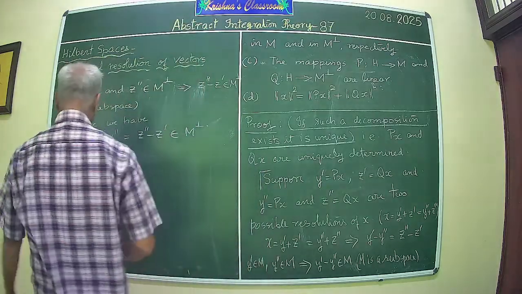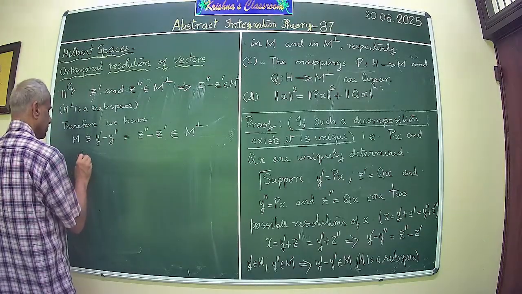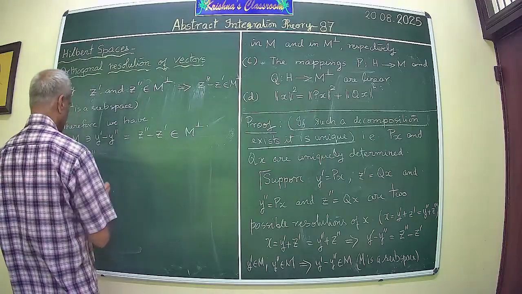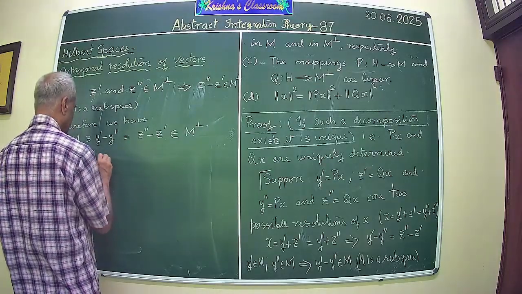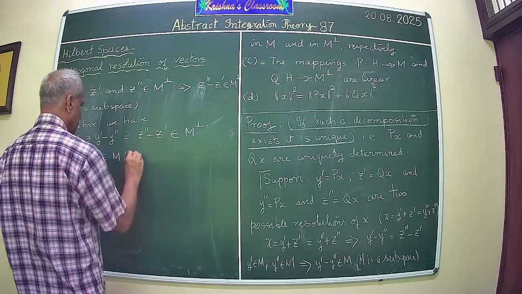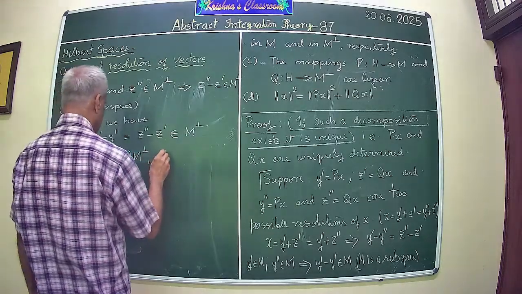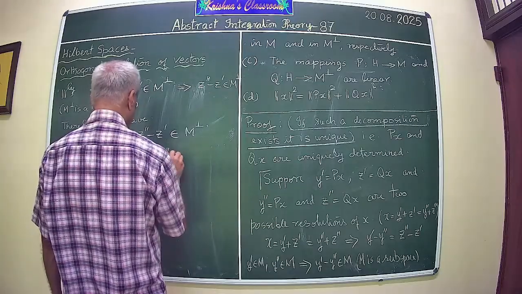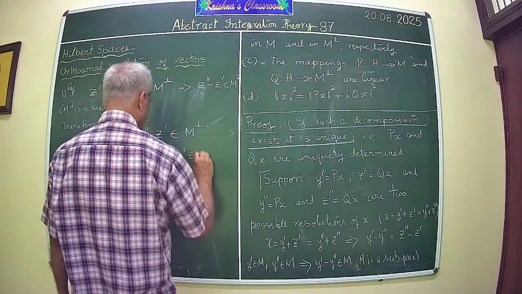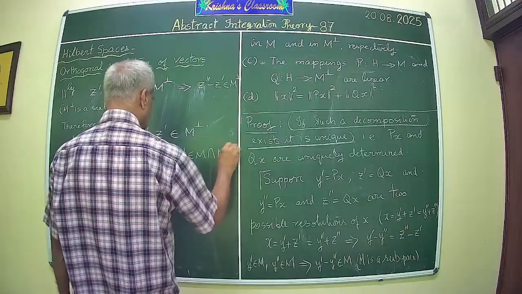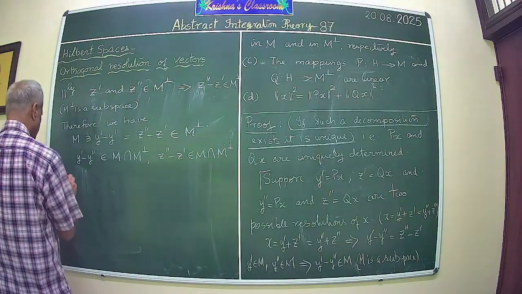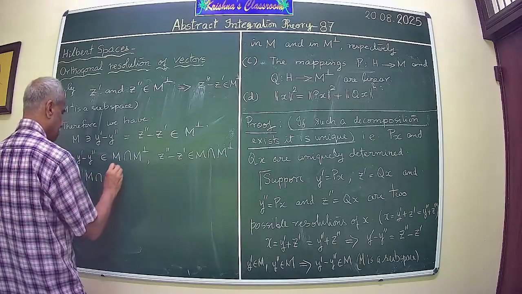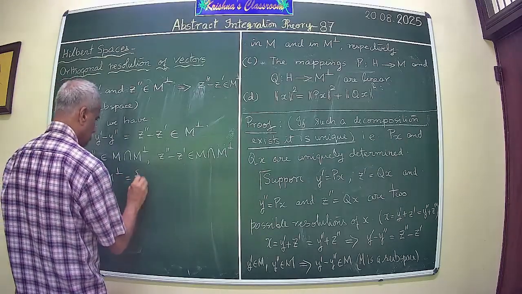So y prime minus y double prime belongs to M and M perpendicular, but the intersection contains only the zero vector.